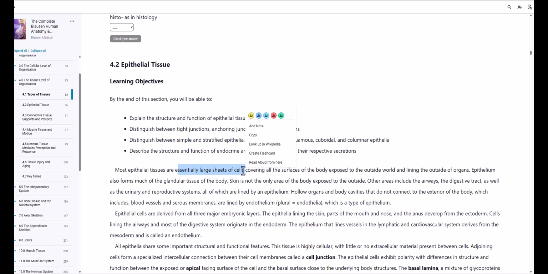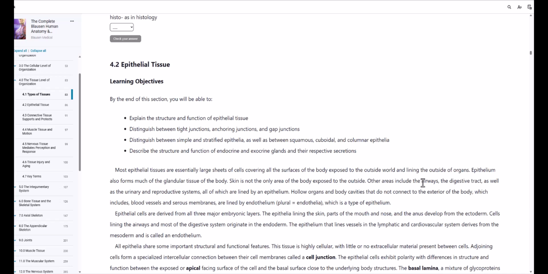And those sheets of cells are covering the surfaces of the body, think epidermis, and lining the outside of your organs, think visceral peritoneum, visceral pericardium, visceral pleura that are shrink wrapped to the surface of your organs. Also lining the inside of your body cavities. Again, your glands are largely made up of epithelial cells.